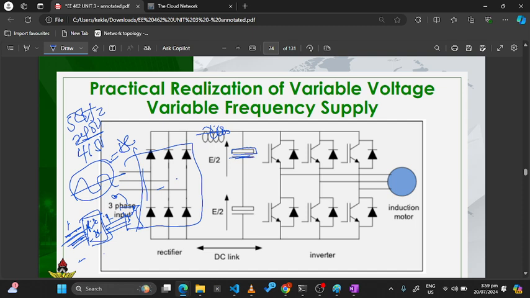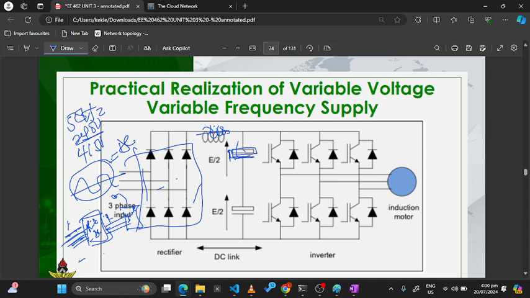The capacitor is to ensure that the voltage is smooth, because when the voltage is increasing, it will be storing charge, and if it's reducing, it is going to dissipate the energy it has stored.